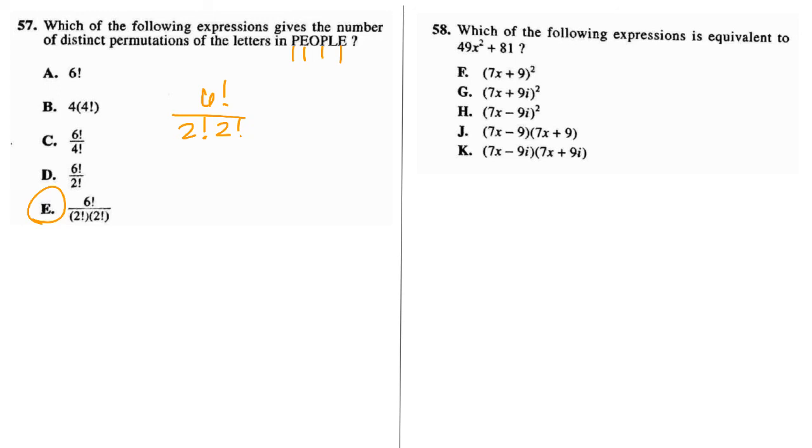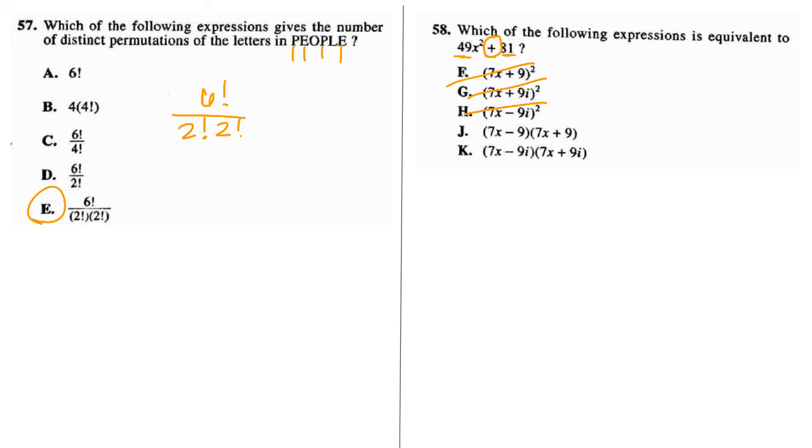Number 58, 49x squared plus 81. Now, this is prime, but they're trying to trick you because you've got 2 squares. And the only way you're going to do this is to look at it as the difference of 2 squares. So let's go ahead and get rid of those.